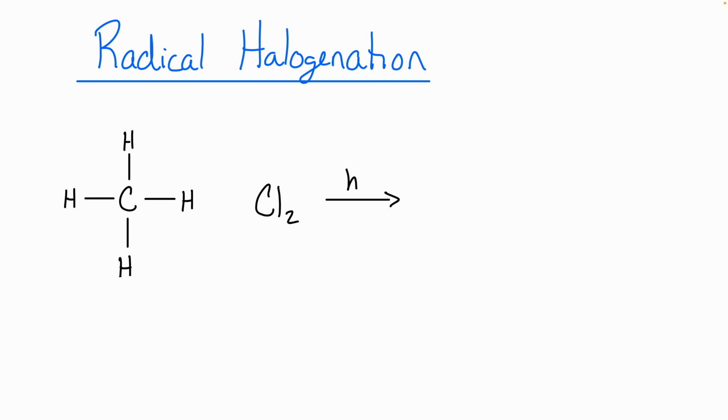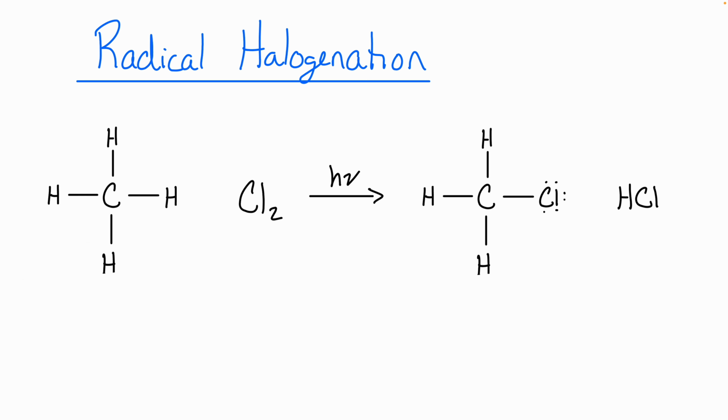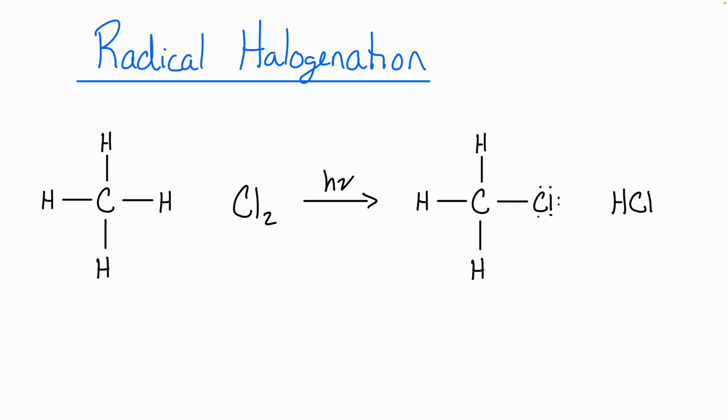So if we take chlorine gas along with an alkane, we shine in some of that light, we will get an alkyl halide product, as well as HCl gas. So this radical halogenation is useful in taking those super boring alkane functional groups and transforming them into something that's a great electrophile, our alkyl halides.